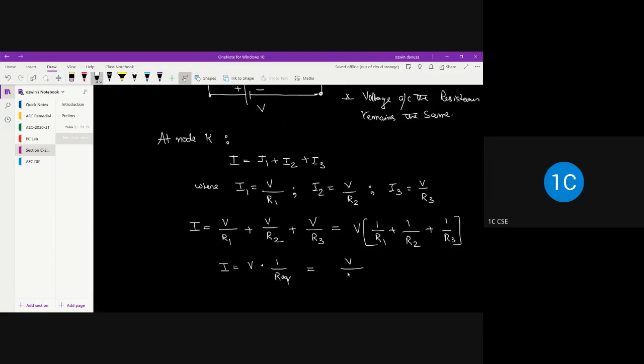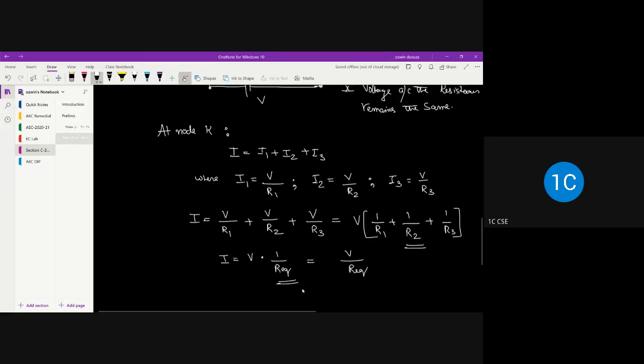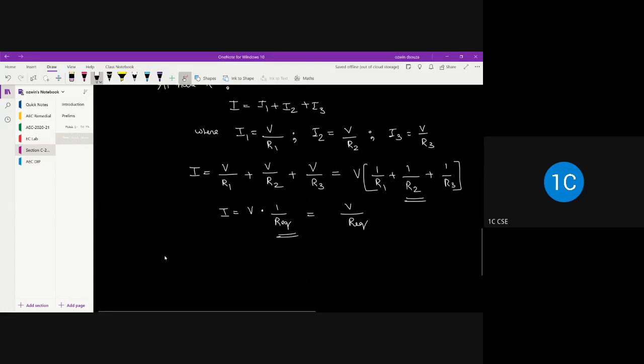This can also be written as V by R equivalent. Just to show you, the terms sitting within the parenthesis I have written in this particular format. So I is basically V divided by R equivalent, where 1 by R equivalent is 1 by R1 plus 1 by R2 plus 1 by R3.